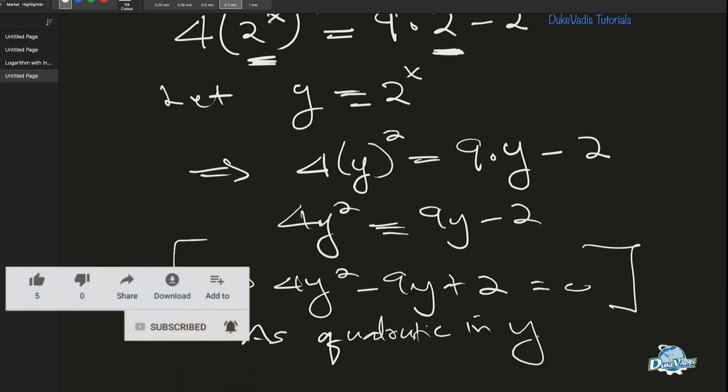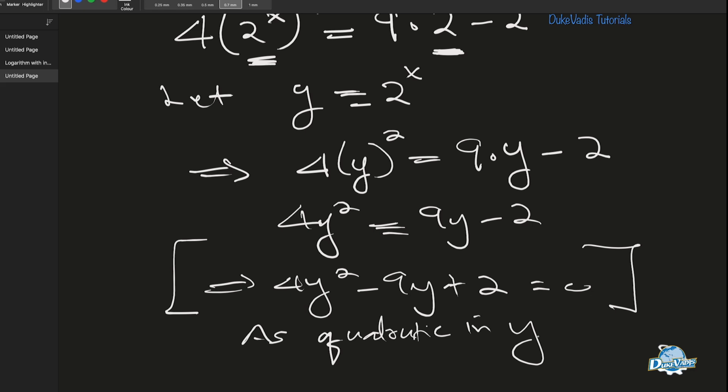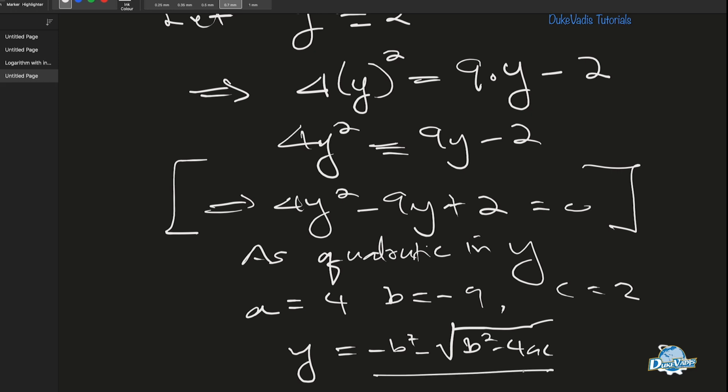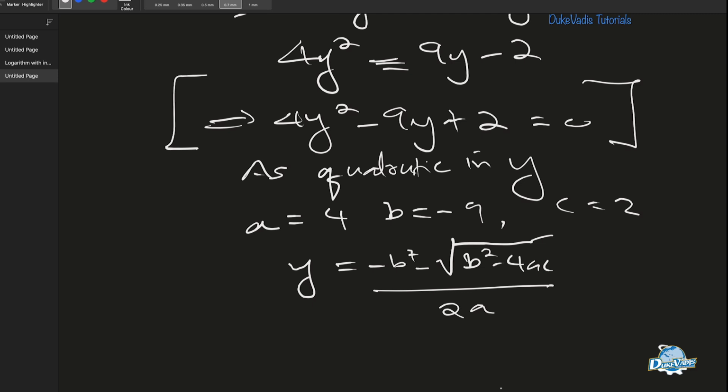Okay, if we use the general quadratic equation, then we can say that our a is equal to 4, b is equal to negative 9, c is equal to 2. Then we can say that y is equal to negative b plus or minus square root of b squared minus 4ac all over 2a. So substituting the respective values into the equation, we'll be able to compute it.